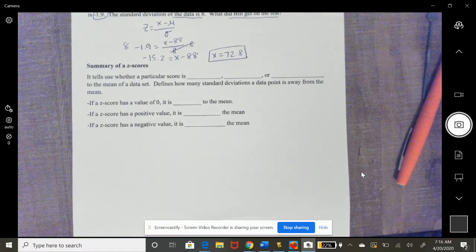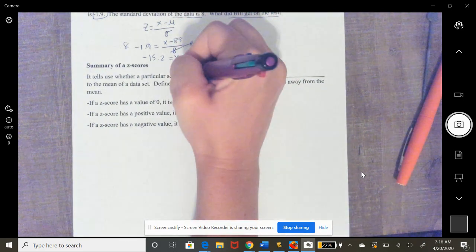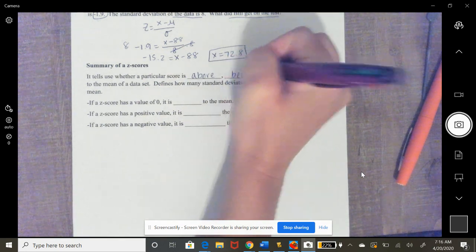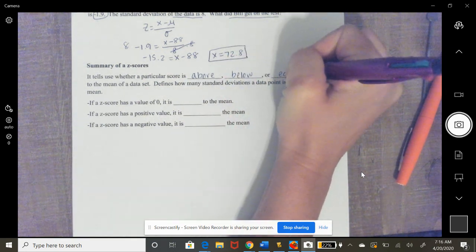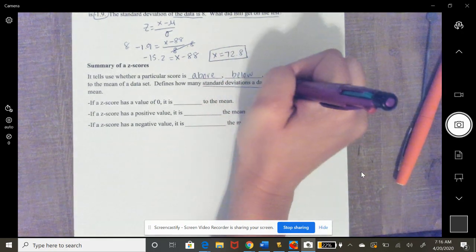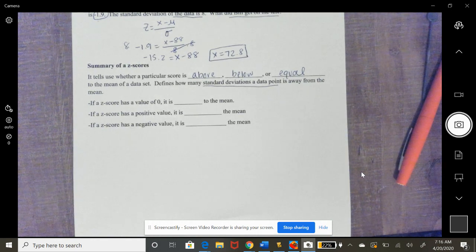So our summary of z-scores: it tells us whether a particular score is above, below, or even equal to the mean of the data set, and that depends on the sign of your z-score. Remember, it describes how many standard deviations a data point is away from the mean.